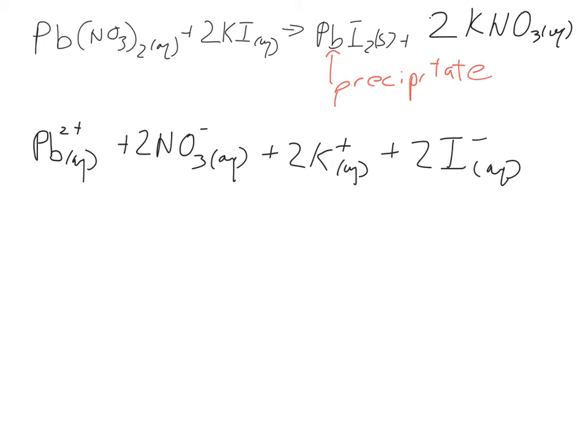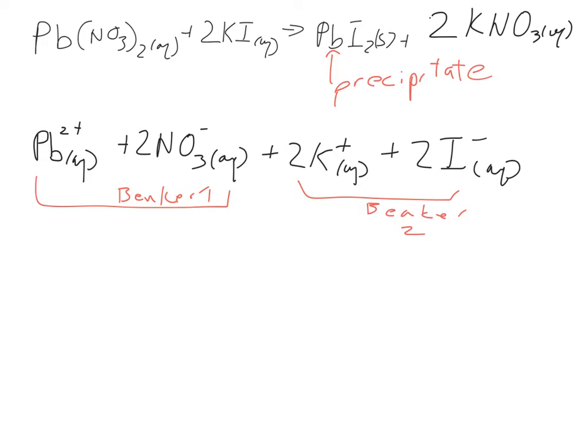So if we looked inside our beakers before we carried forward the reaction, we'd see a bunch of lead(II) ions floating around and a bunch of nitrate floating around. And in our other beaker, we'd have our potassium ions and our iodide ions floating around. When they're dissolved in water, your ionic compounds have split up into ions.